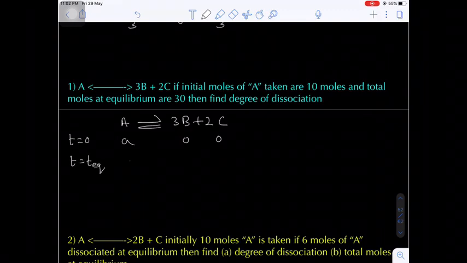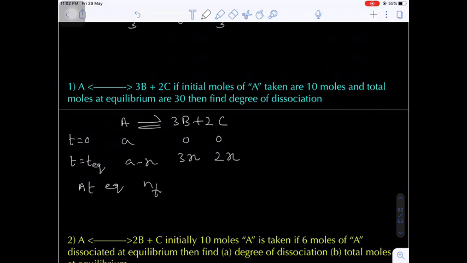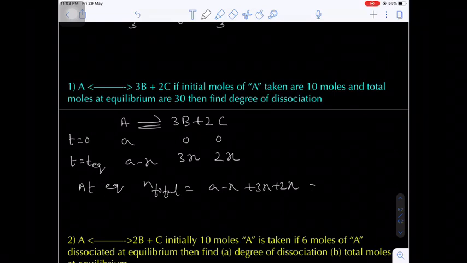At equilibrium, I have to write A minus x, here 3x by 1, here 2x. Total number of moles at equilibrium is A minus x plus 3x plus 2x, that is A plus 4x. Are you getting my point?